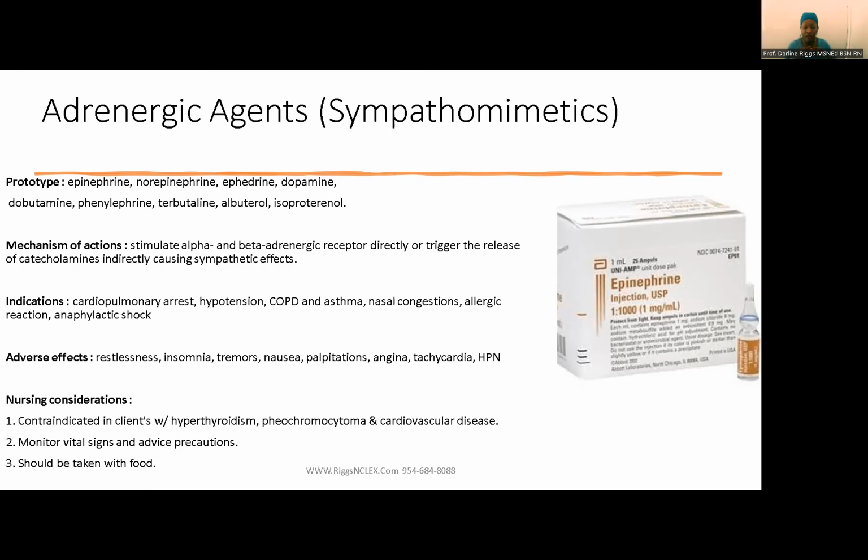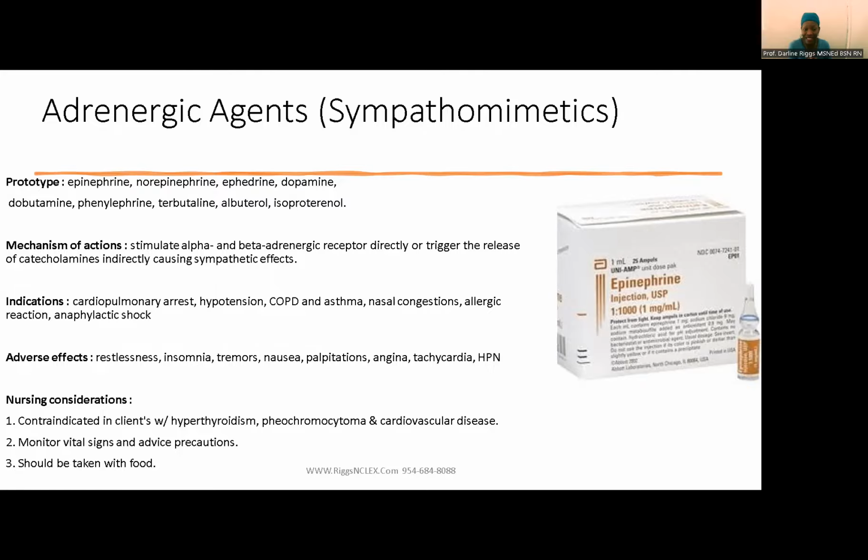Some adverse effects are going to be the restlessness, the insomnia. Don't forget the potential angina, tachycardia. So don't ever think, oh, okay, we treat it, we stay there. Monitor for that extreme on the other end. As a matter of fact, these drugs, your adrenergics, that are impacting your sympathetic nervous system are contraindicated with certain clients.